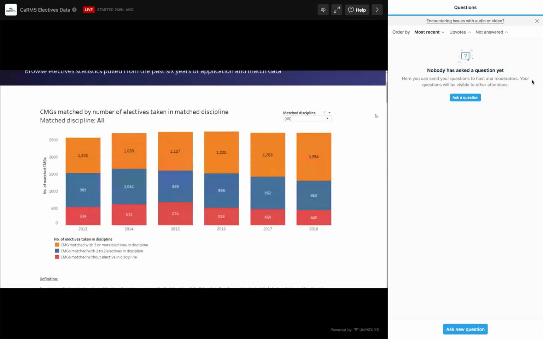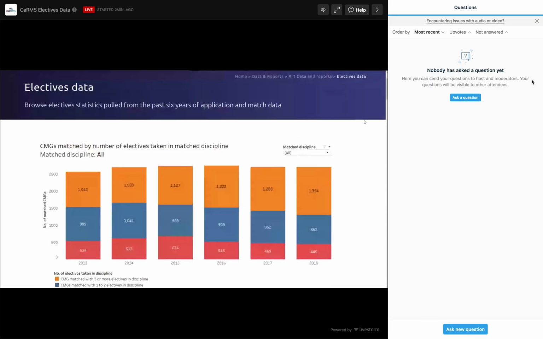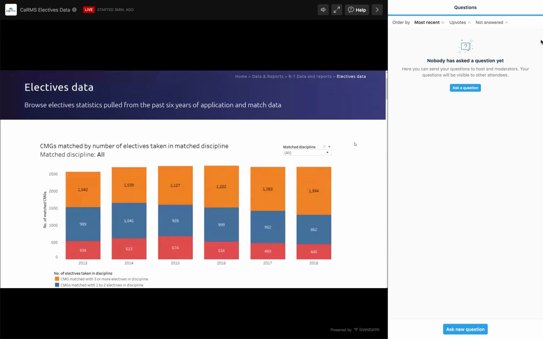This first slide is a view of CMGs matched based on the number of electives taken in the matched discipline. It's stratified in 3 categories, and the yellow, or amber, indicates the number of CMGs who took 3 or more electives in the discipline they matched to.